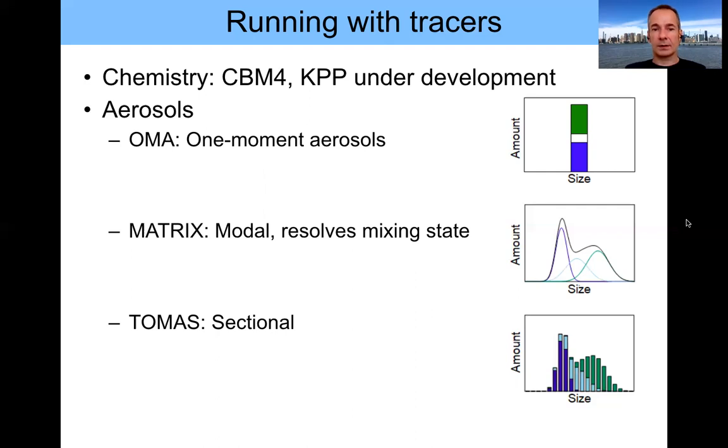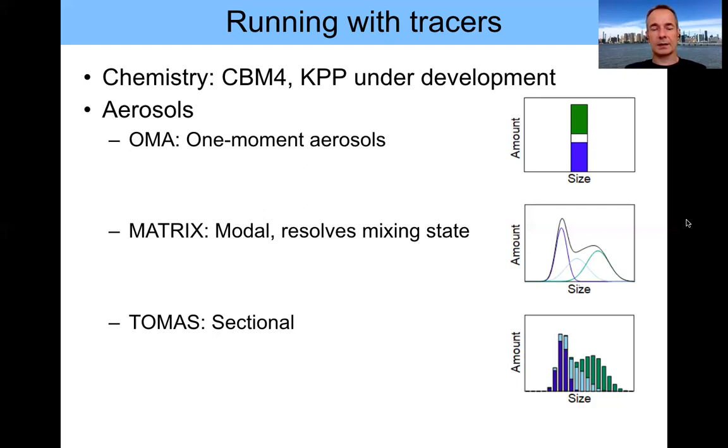Then for the aerosols, we have the one moment aerosols, which just assumes that there is one size of aerosols and then it has some certain composition. The size can be different per aerosol component, but it will be one size per component and fixed in time. We also have matrix, which the acronym is pretty long. I don't remember it by heart.